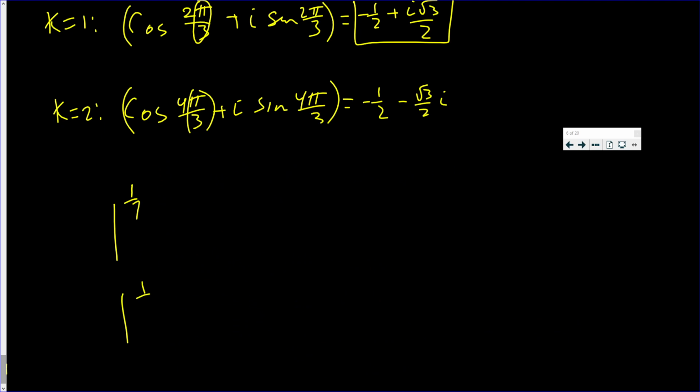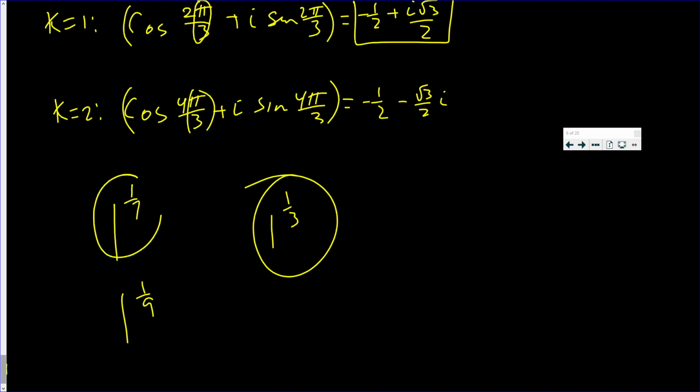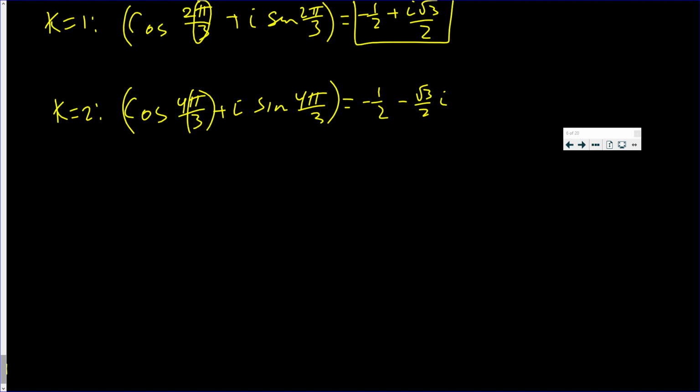There are also 9 of them. We found the 3 roots of unity. You can find the 7 roots, the 9 roots. You can find them all. Okay?